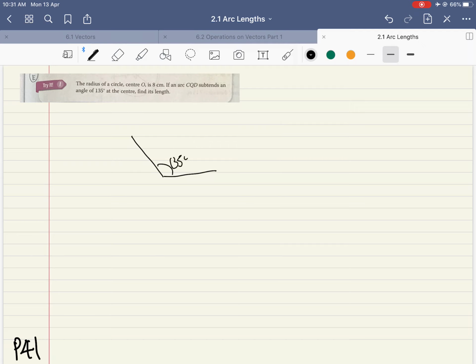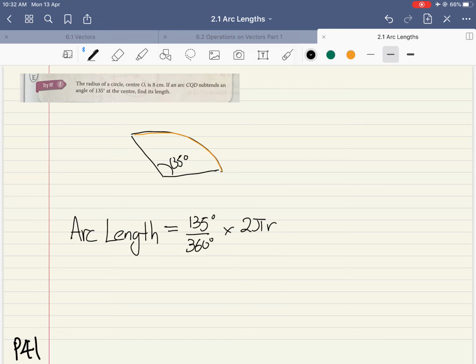So 135 degrees should look something like this, and then this is the arc over here. They want me to find the arc length over here in orange color. So what I'll do here is apply the formula that we have just learned a short while ago. The arc length equals 135 degrees over 360 times 2 pi r.